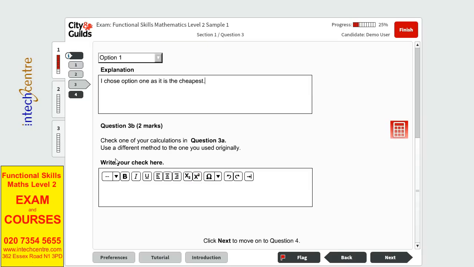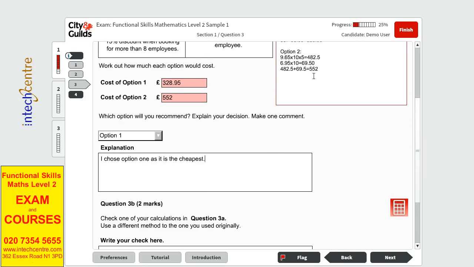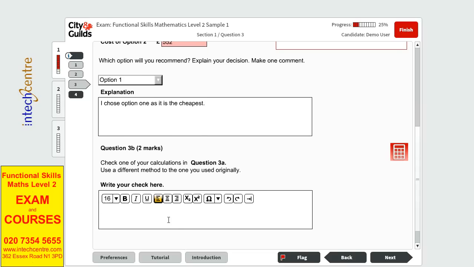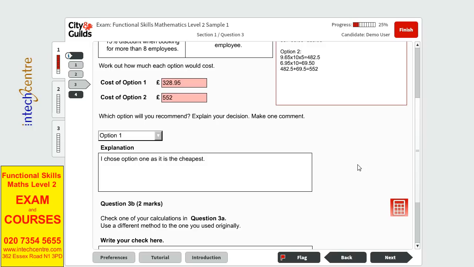We can move on to question 3b, which is asking us to do a check of calculation in 3a. We can pick the last one if we want to. So we have 552, we go reverse calculation because this is the most straightforward check of calculation in my opinion. So we do 552 minus the 69.5.